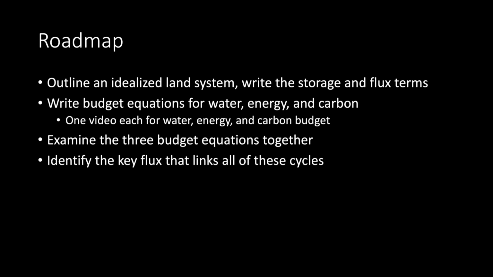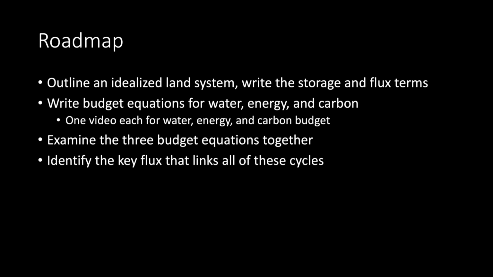So here is the roadmap for this set of lectures. In the subsequent 3 lectures, we're going to take a conceptual idealized land system. We're going to draw a box around it to create a system, and then write the storage and flux terms for each of the water, energy, and carbon cycles.